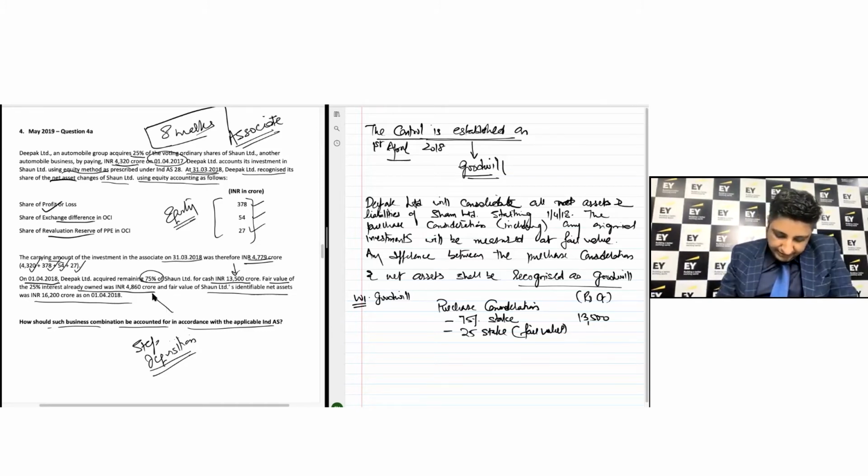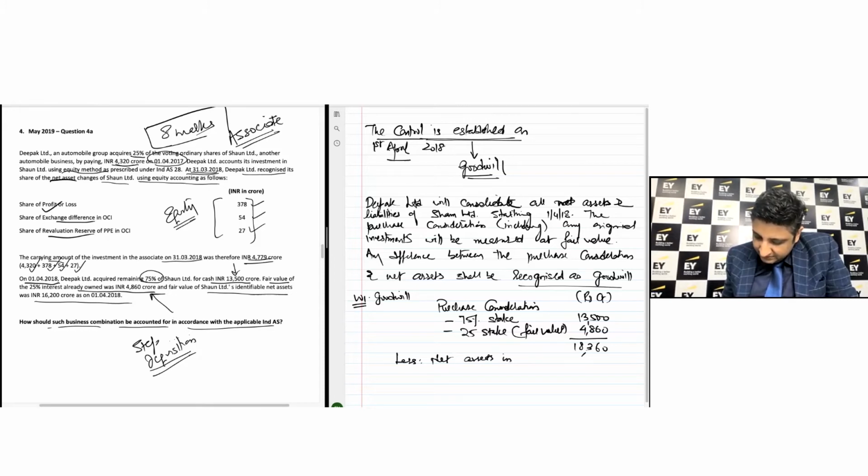What is the fair value of that interest that you already had is 4860 crores. And this gives a total value of 18,360 crores. Less net assets in Sean Limited, which is of course given at 16,200 crores.